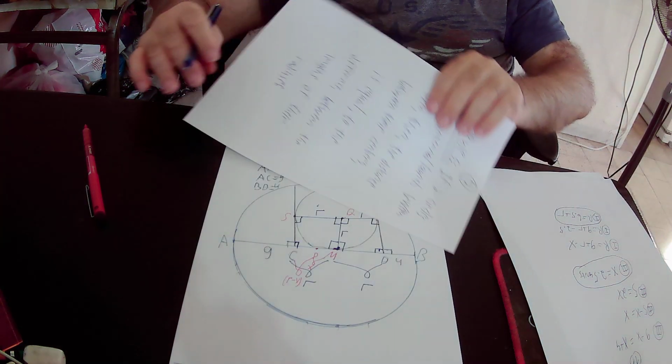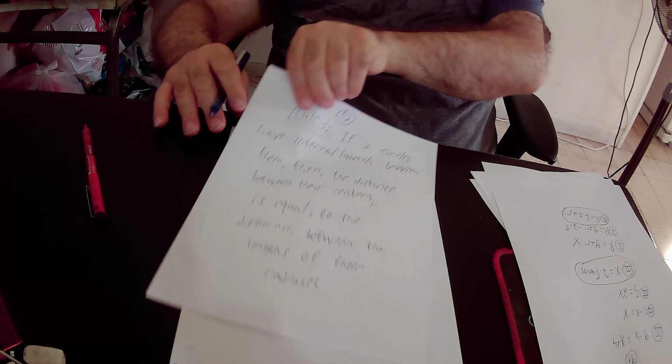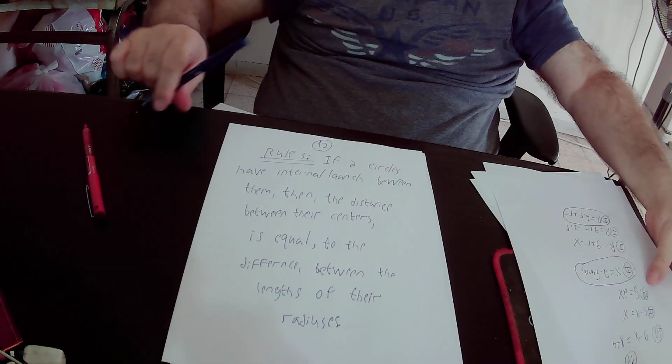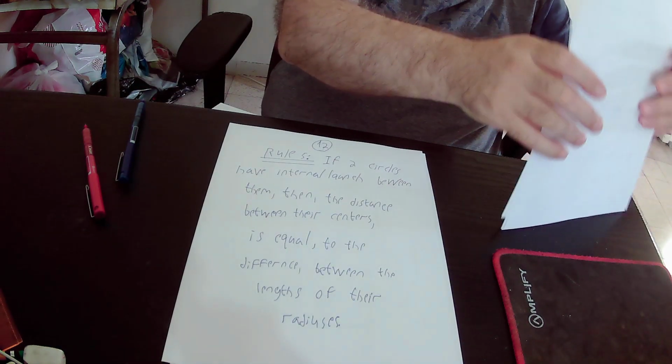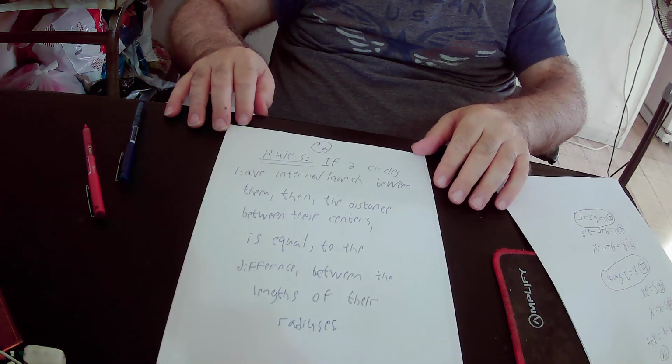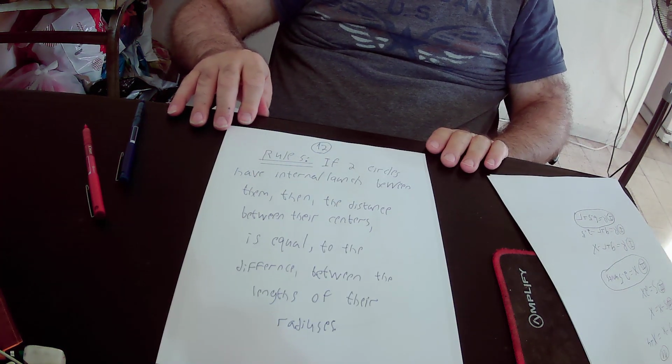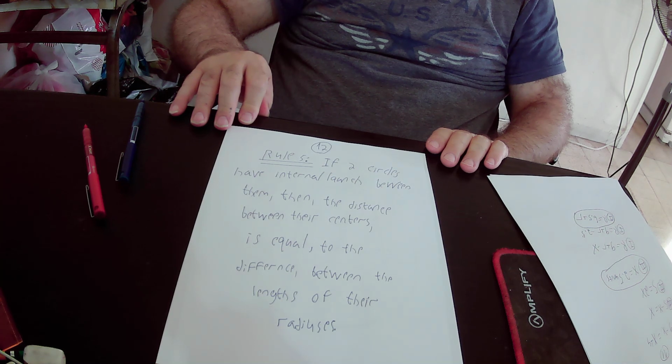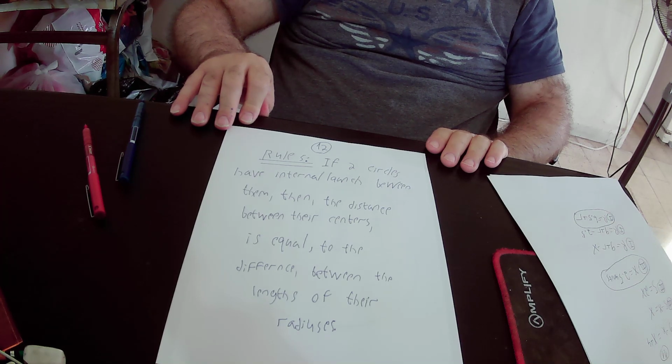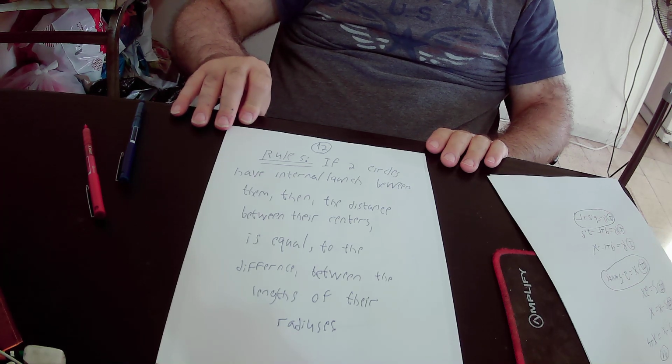So I will read rule number 5 again. Rule number 5 states that if two circles have an internal tangent between them, then the distance between their centers is equal to the difference between the lengths of their radiuses.